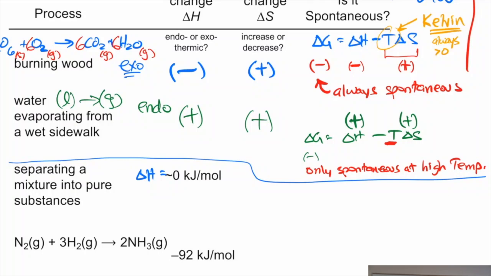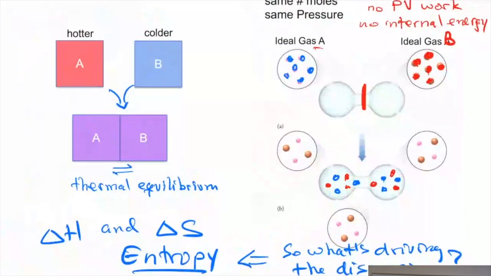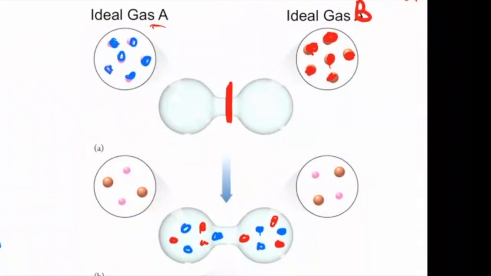Here, let's go back to, I really like this example in the textbook of the gases, of getting the idea of how entropy alone can drive a reaction. We start with two gases separated by a divider. Gas A is on the left and gas B is on the right. But when we open up that divider, we know intuitively that the gases are going to mix equally on both sides, right? But what's the driving force for that?